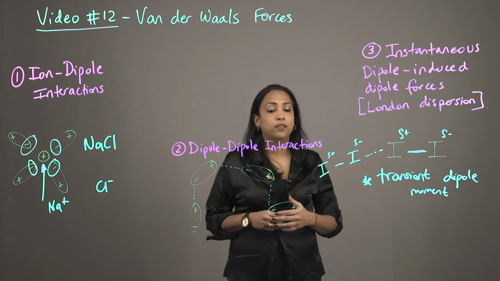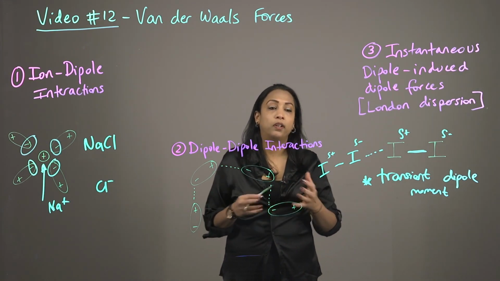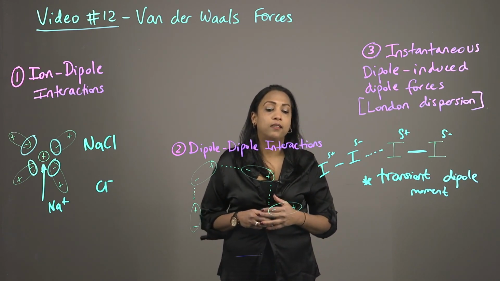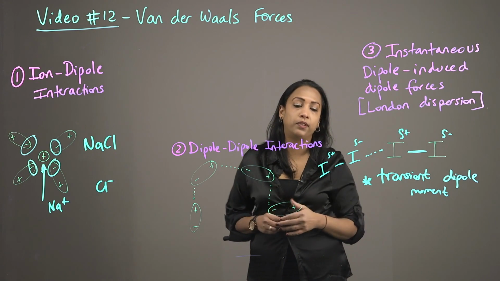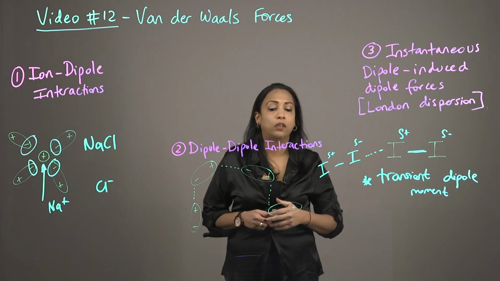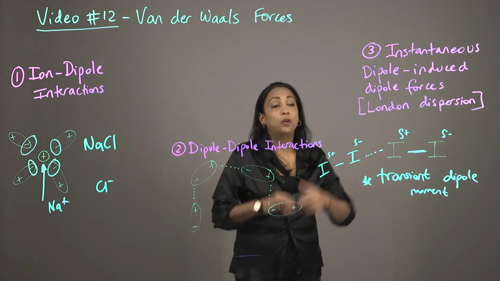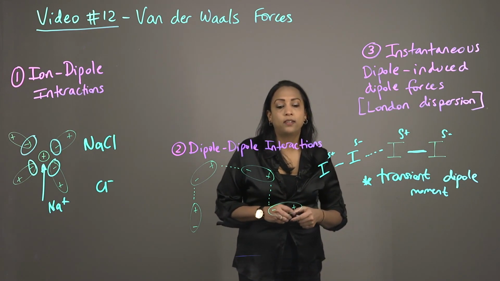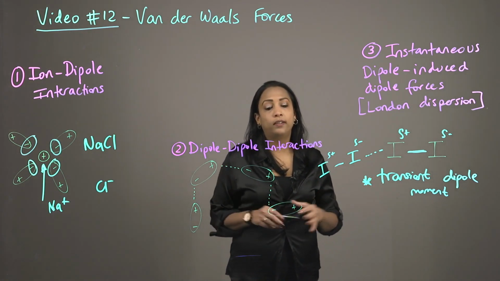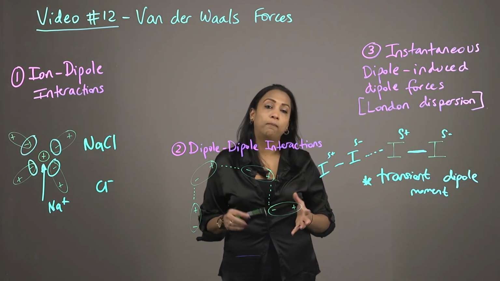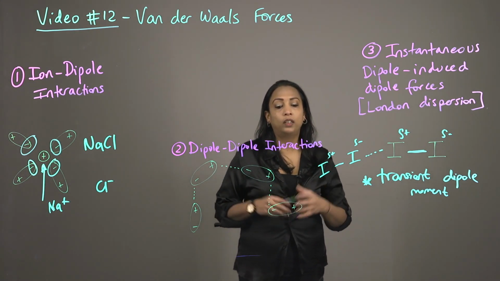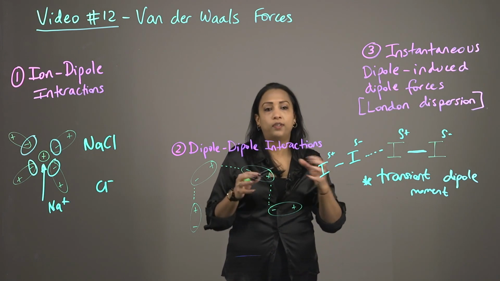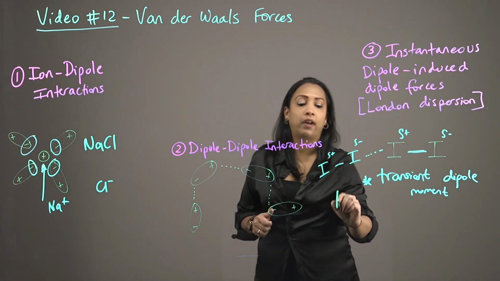So this will cause the neighboring atoms to be attracted to one another, and it is significant, again, just like with dipole-dipole interactions, when the atoms are close together. So London dispersion forces are present in all molecules, whether they are polar or non-polar. The tendency of an electron cloud to distort in this way is called polarizability.